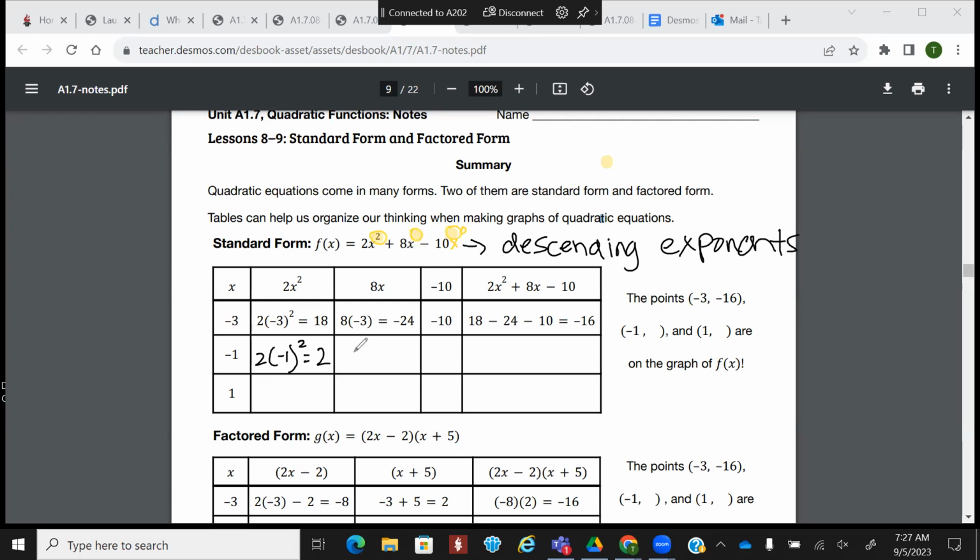On the next piece, we've got 8 times negative 1, which is going to give us negative 8. This next piece, it's just negative 10. So if we combine all of these numbers, 2 minus 8 minus 10, that's going to give us 2 minus 8, which is negative 6. Negative 6 minus 10, which is negative 16.